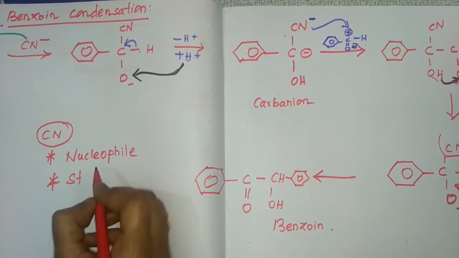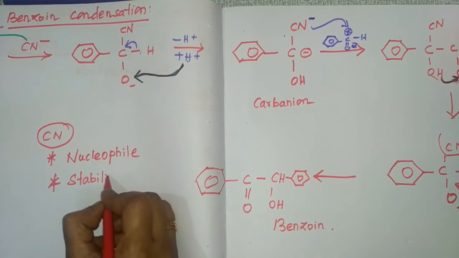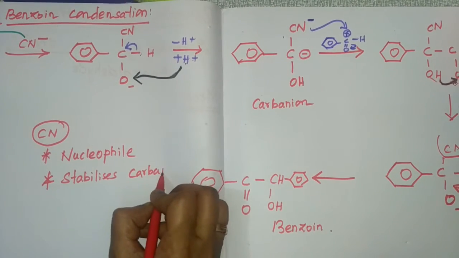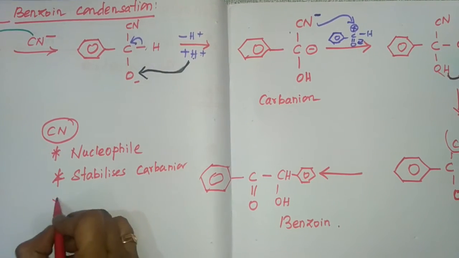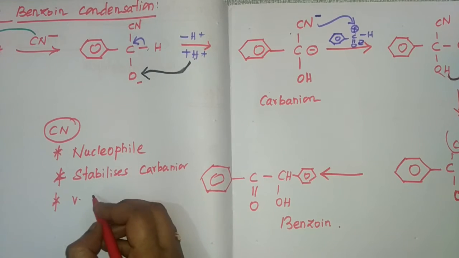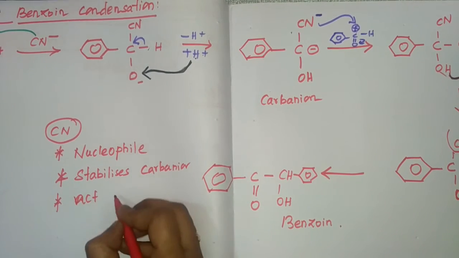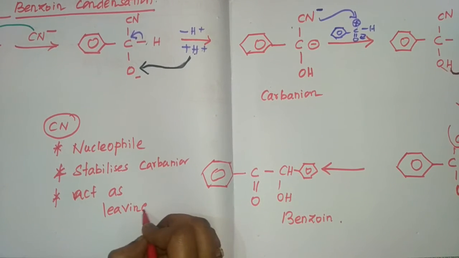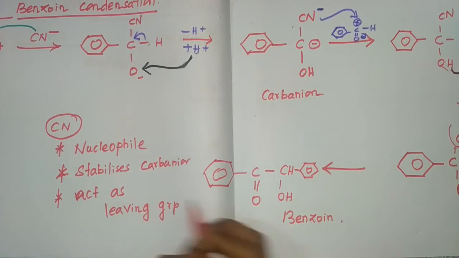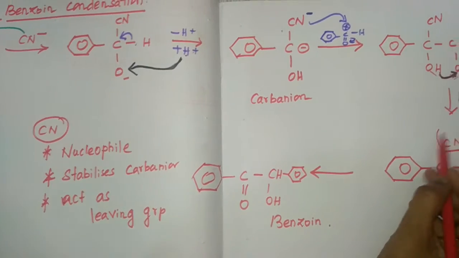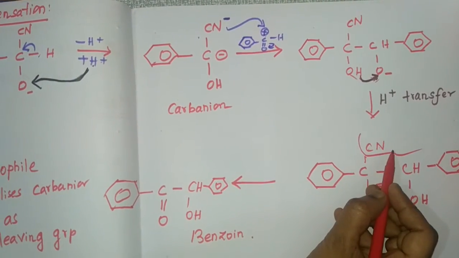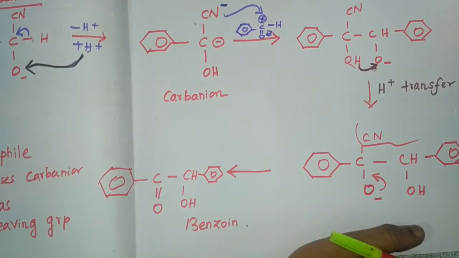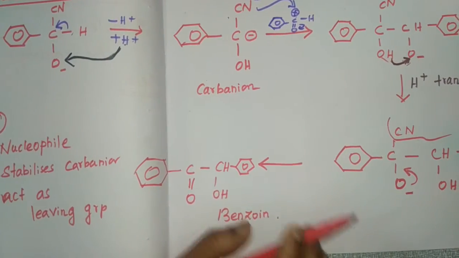It stabilizes the carbanion, and it is a very good leaving group. I told you in the previous step of the formation of benzoin, the cyanide is an electron withdrawing group. It will take the electrons and it will leave from here, and after that benzoin is formed.